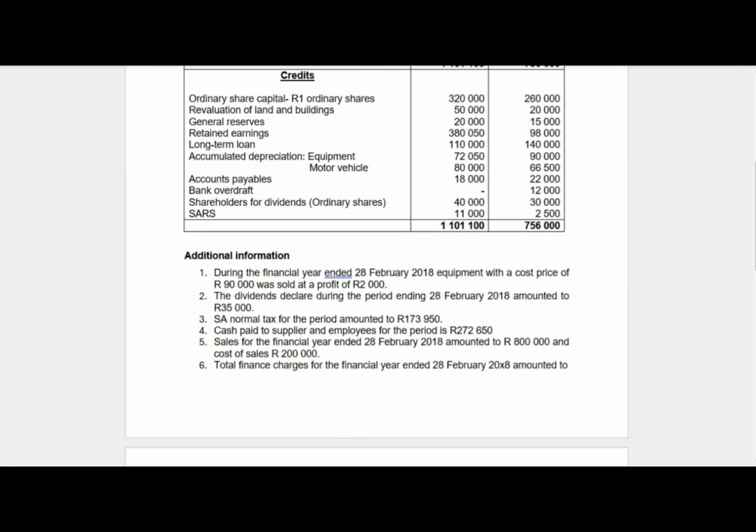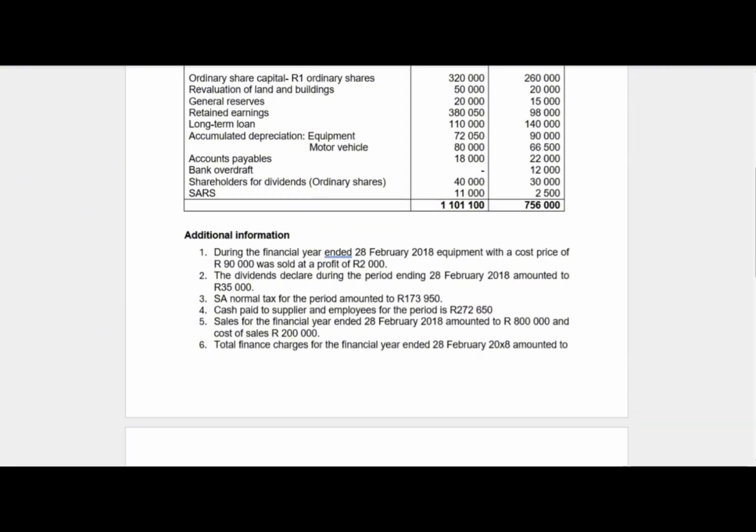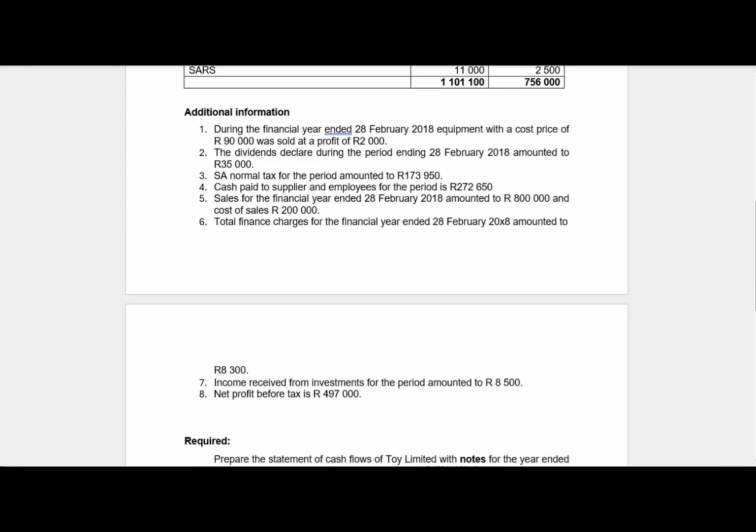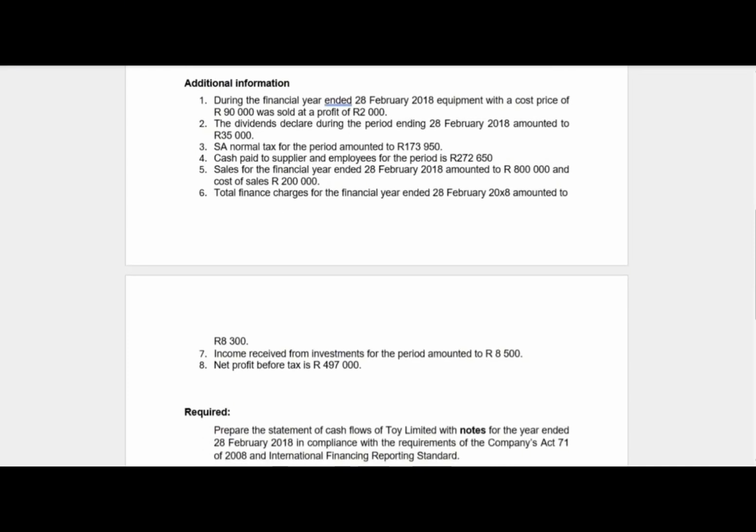Sales for the financial year ended 28 February 2018 amounted to 800,000 and cost of sales 200,000. The total finance charges for the financial year ended 28 February 2018 amounted to 8,300. Income received from investments for the period amounted to 8,500.